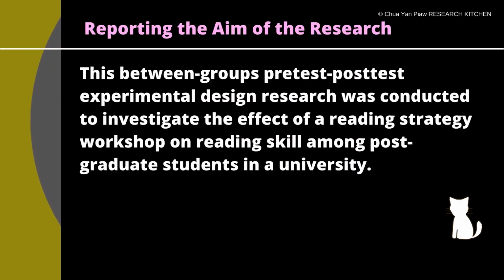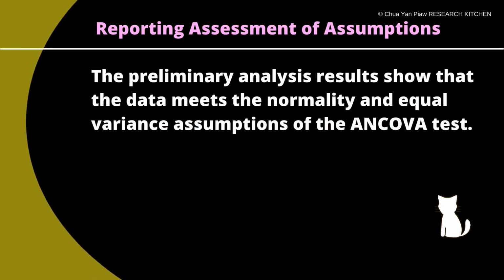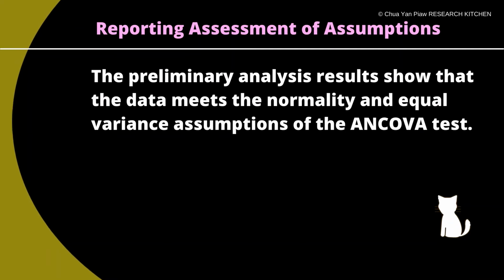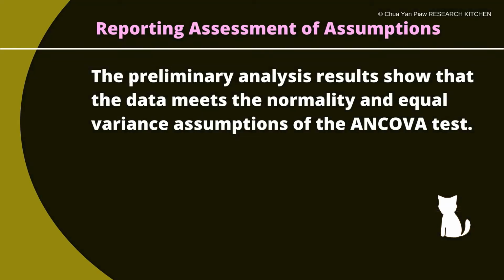This between-group pre-test post-test experimental design research was conducted to investigate the effect of a reading strategy workshop on reading skill among postgraduate students in a university. The preliminary analysis results show that the data meet the normality and equal variance assumptions of the ANCOVA test.